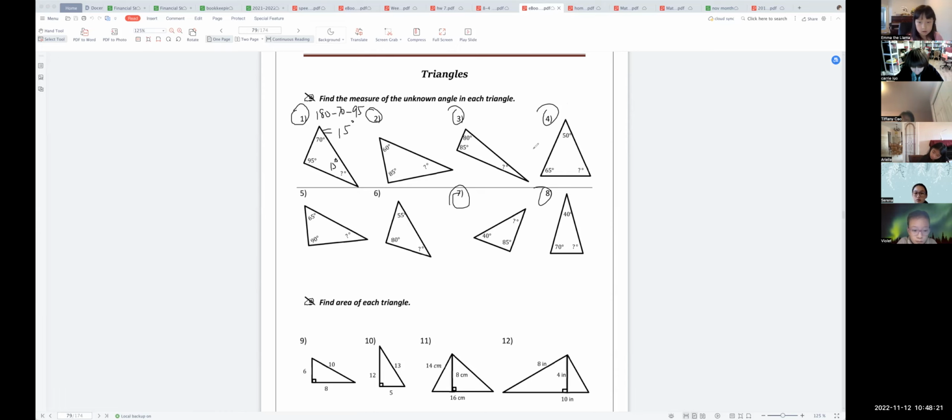We do every single one? Okay, I'll do every single one: 2, 3, 4, 7, 8. Do I send the answer together or do I send the answer separately?